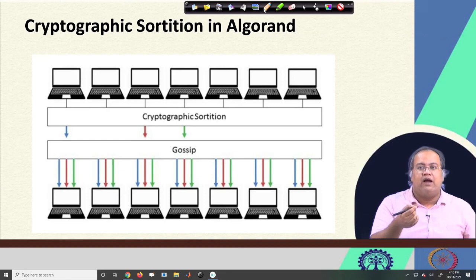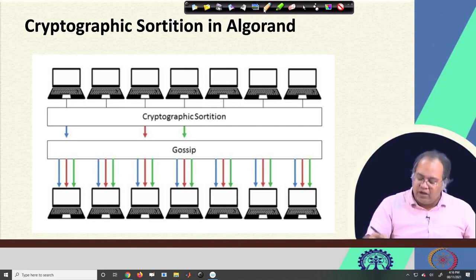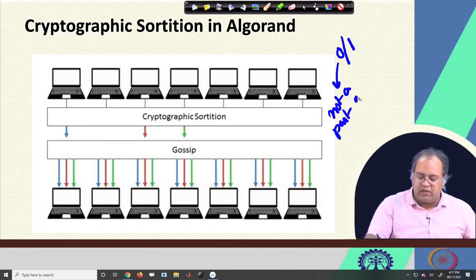Just as a high level idea, let me explain it this way: cryptographic sortition returns two things. One is 0 or 1. 0 means you are not a part of the committee, and 1 means you are a part of the committee.